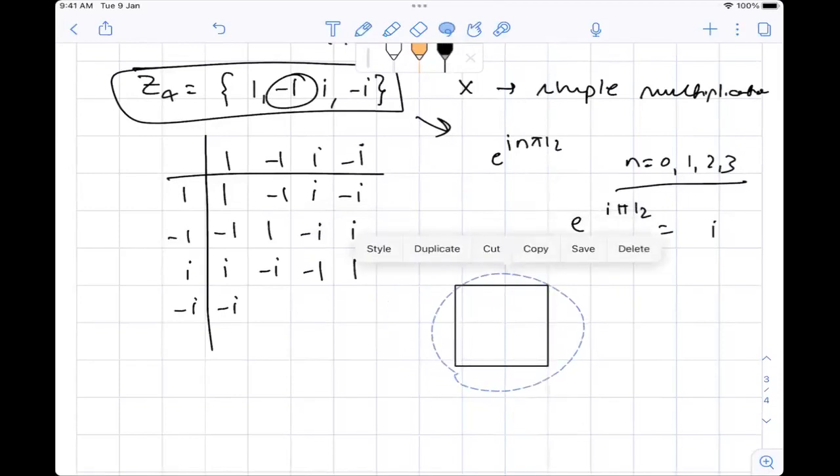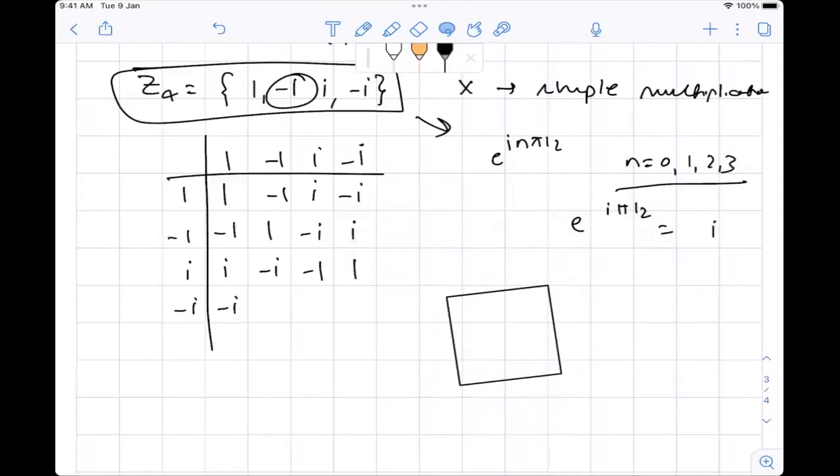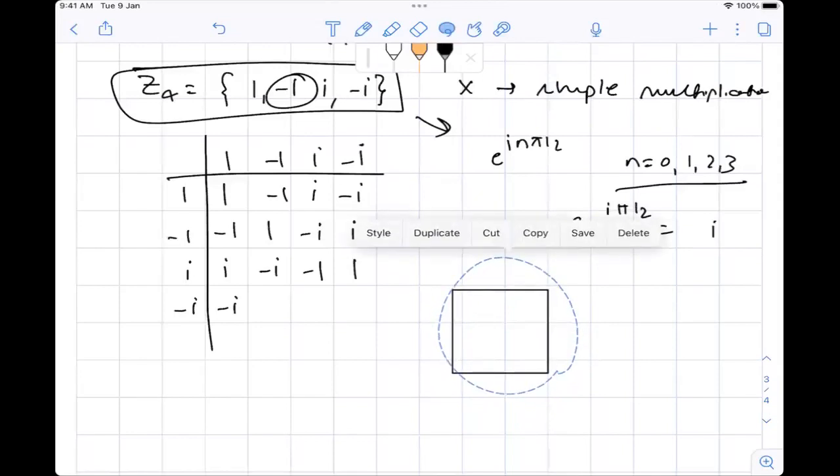So the square has not changed, although I'm not able to draw it perfectly because I'm changing the size of the square, but you can see the point. Now I have already rotated by 180 degrees. Now I will do a further rotation by 90 degrees, and this is what you get. So the square has not changed. So this Z4 is now the same as just the rotation part.